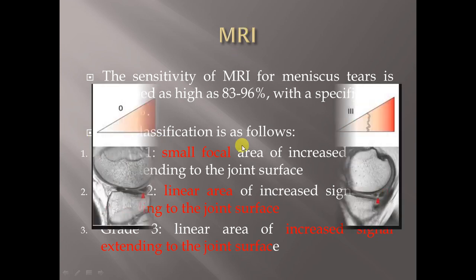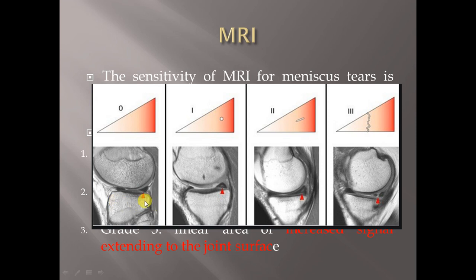Anyway, there is a classification for MRI to detect meniscal injury. This is the normal triangular shape with low signal intensity. If you have a globular increased signal intensity like this, it is mostly degenerative, and this is type 1. Here in type 2, it is linear, still not extending to the articular surface, either tibial or femoral side.